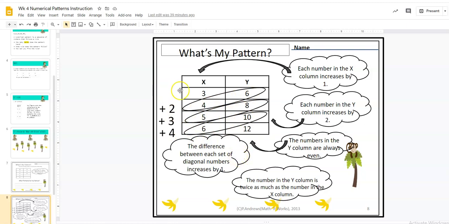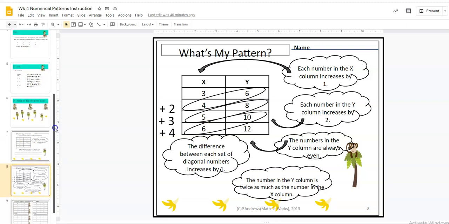And then we can also look at from 3 to 6, it is 2 times larger. 3 times 2 is 6, 4 times 2 is 8, 5 times 2 is 10, and 6 times 2 is 12. So I know that all the numbers in the y column are twice as much as the numbers in the x column.